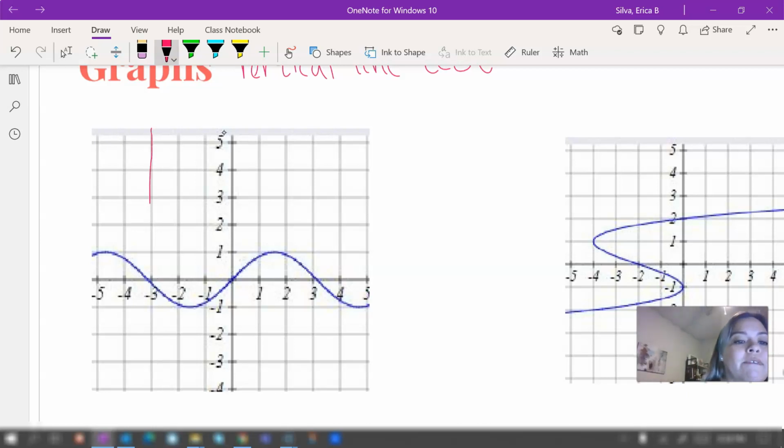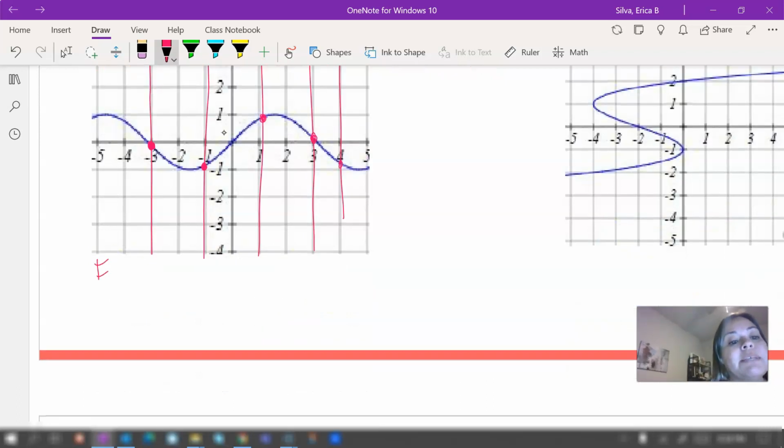I'm going to draw a vertical line and notice how it only intersects at one point, which means the x value for that point has exactly one y value. Anywhere I draw a vertical line on this graph, it will only intersect once, which means it passes the vertical line test, which means it is a function.